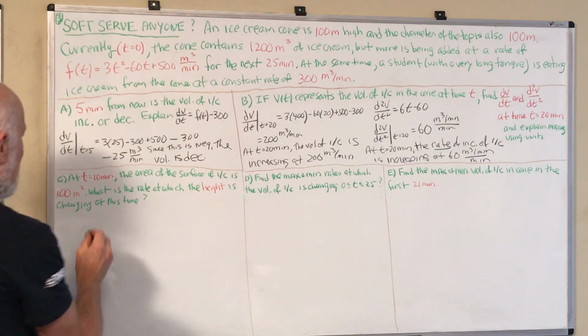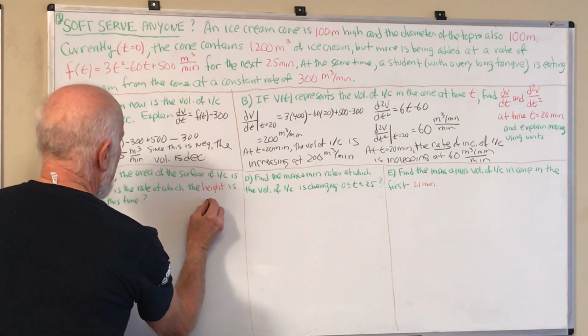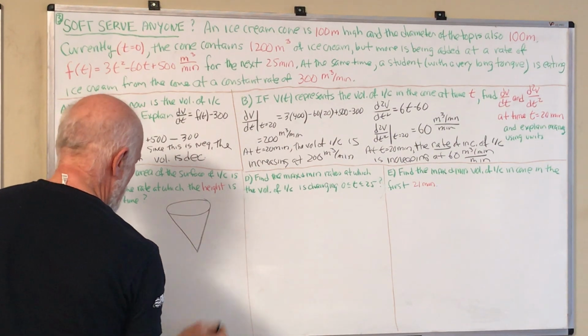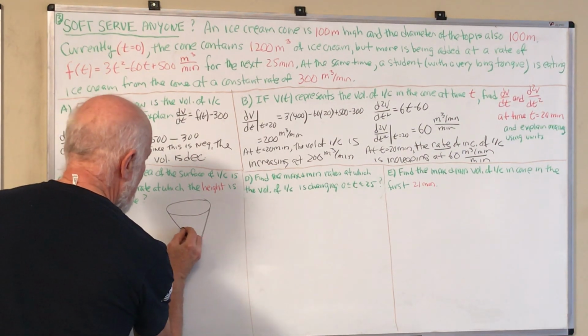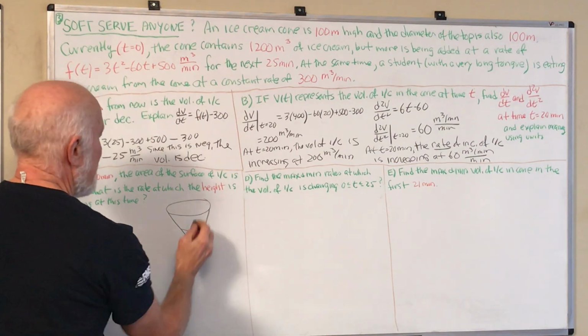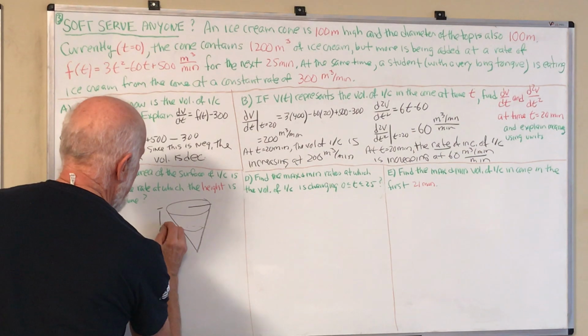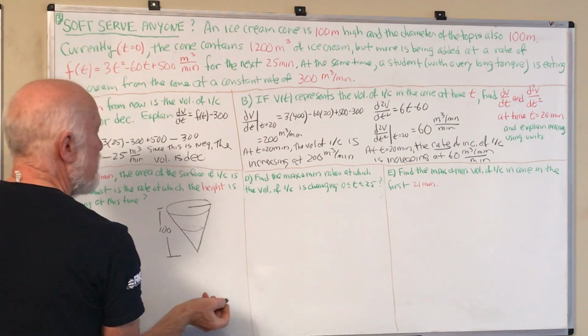Okay, now we have to get to the cone itself. So there's the cone, and then it's got some ice cream in it, and we know that it's 100 meters high and 100 meter diameter.